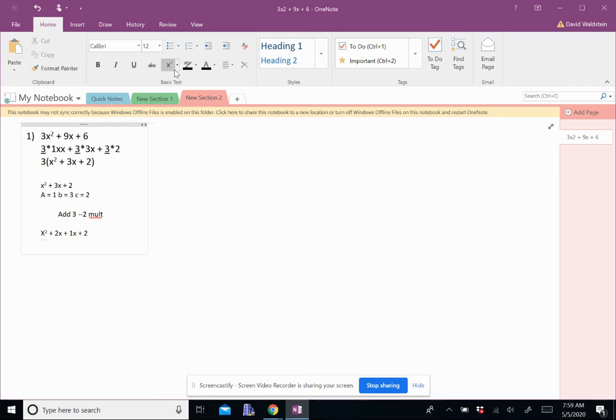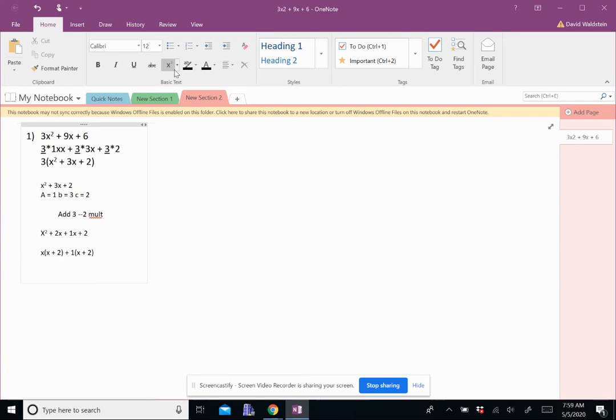And then we just factor by grouping. Find the GCF of the first two, which is just x. I'm left with x plus 2. Find the GCF of the second one. There really isn't one, so that's just 1. I'm left with x plus 2.